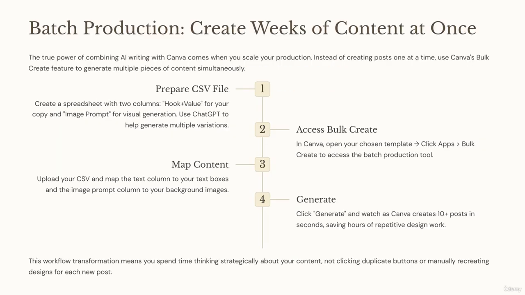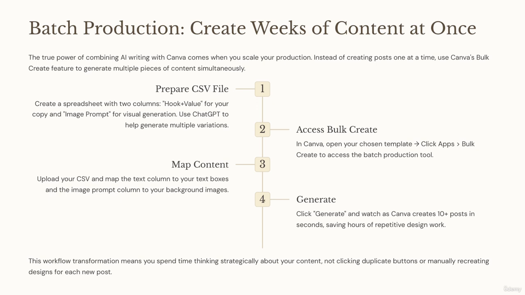Now, if you're posting regularly, designing each graphic one by one can feel like a full-time job. That's where Canva's bulk create workflow becomes your secret weapon. Here's how it works. Let's say you've got 10 LinkedIn post ideas drafted with ChatGPT. Open your chosen Canva template, head to Apps, Bulk Create, and upload a CSV file with your post copy in one column and image prompts in another.